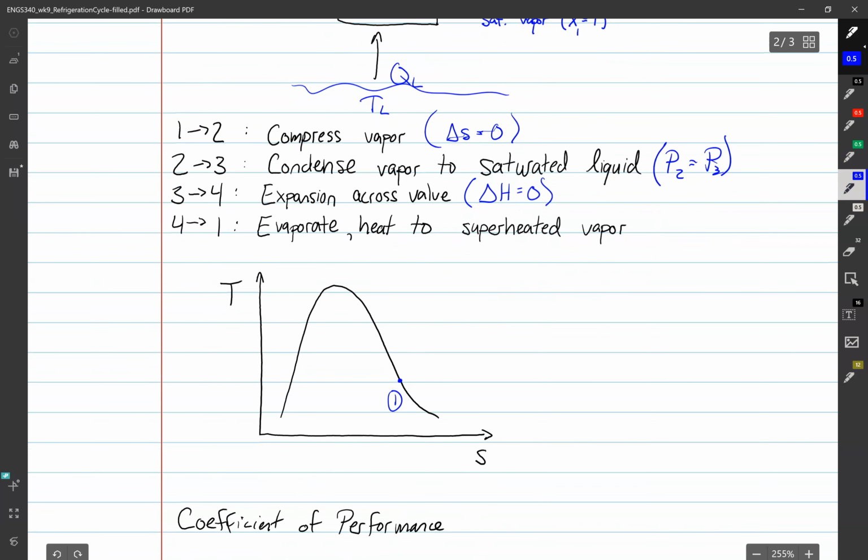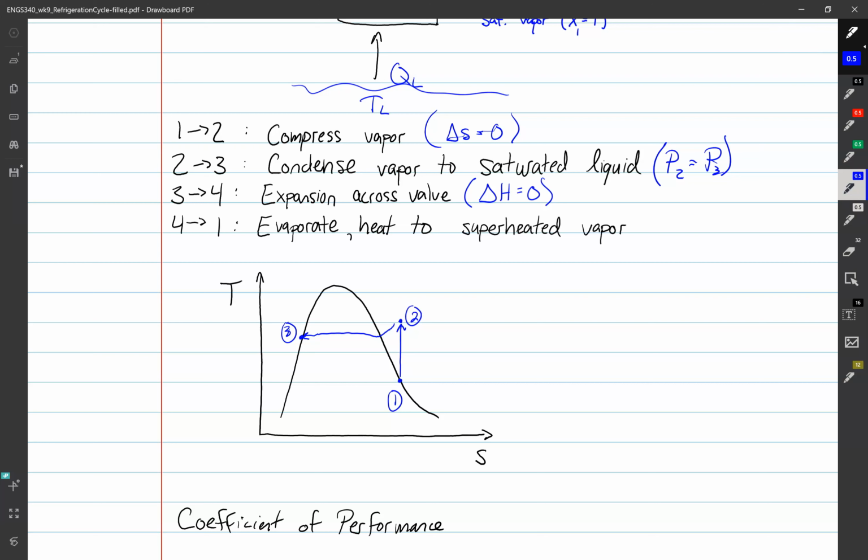We're going through a compressor, so that's going to get us up to higher temperature and higher pressure, but the same entropy. Then we're going to be cooling this down and then going across the condenser to here at 3.